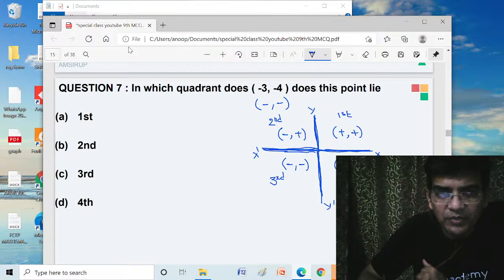See the next question. Y is equal to 3x plus 5 has a unique solution, only two solutions, no solution, or infinitely many solutions. So you have to decide which one.